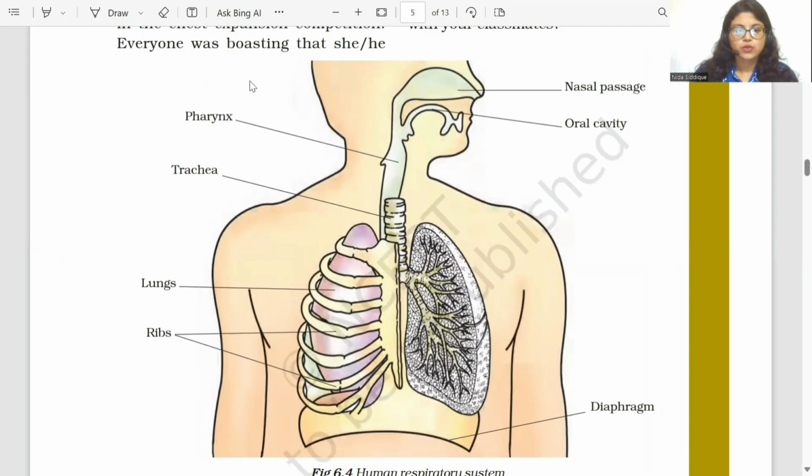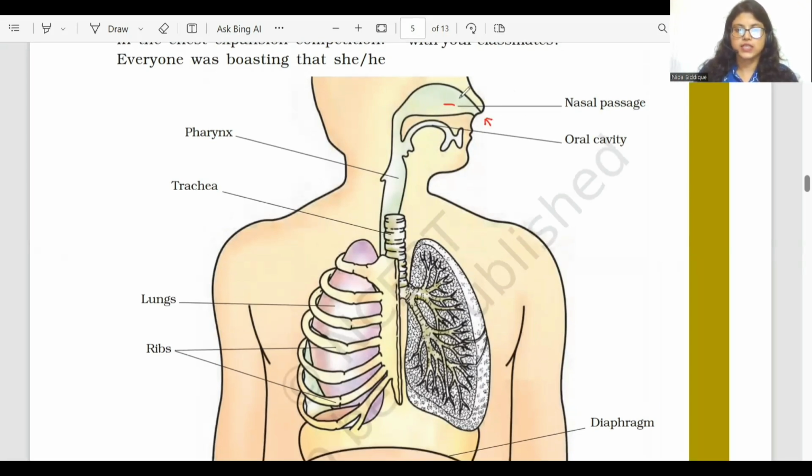So we are breathing in the air from our nostrils. It passes on to the nasal chamber. Then it enters the windpipe. So this is the windpipe. It is also called the trachea. This is the biological term. And then it enters into the lungs. Both our lungs are now filled with air. And this is the rib cage.